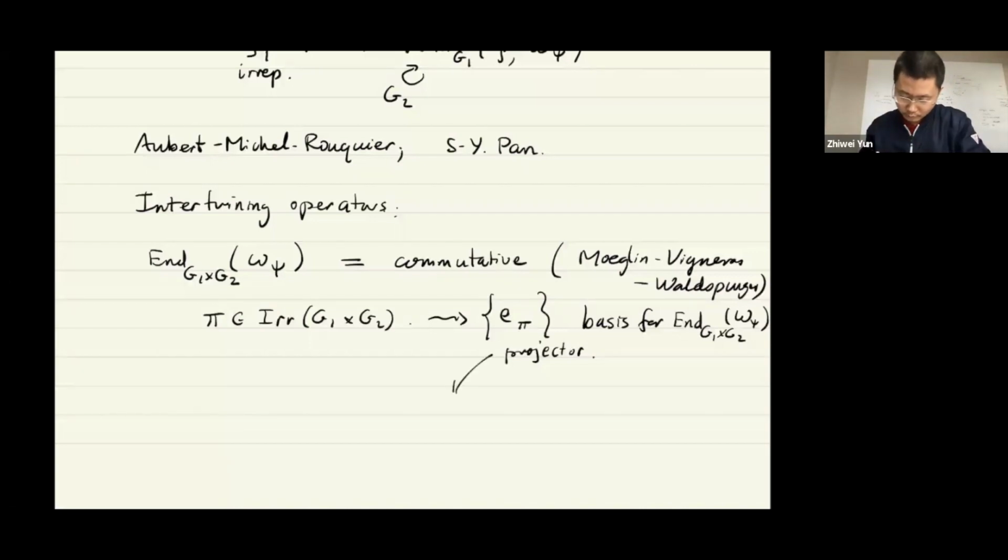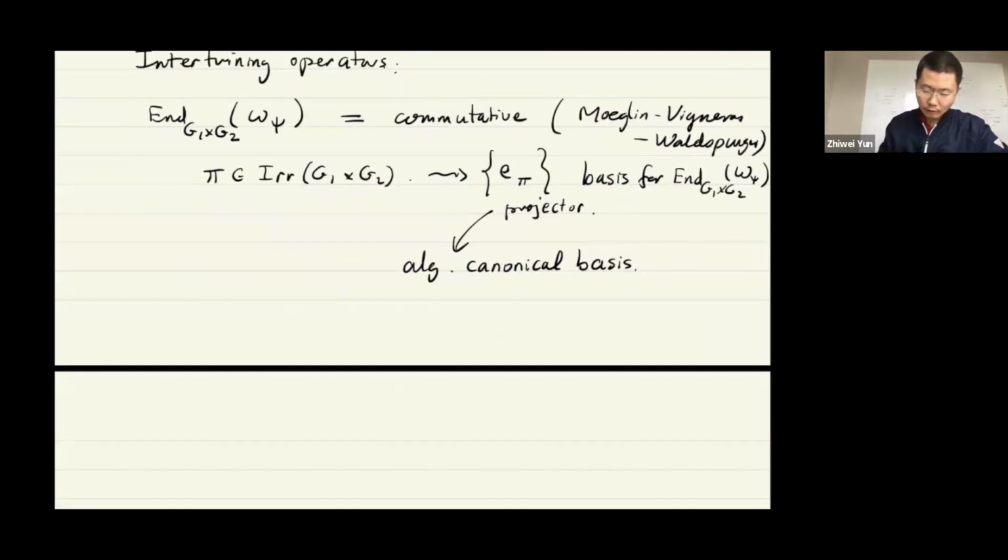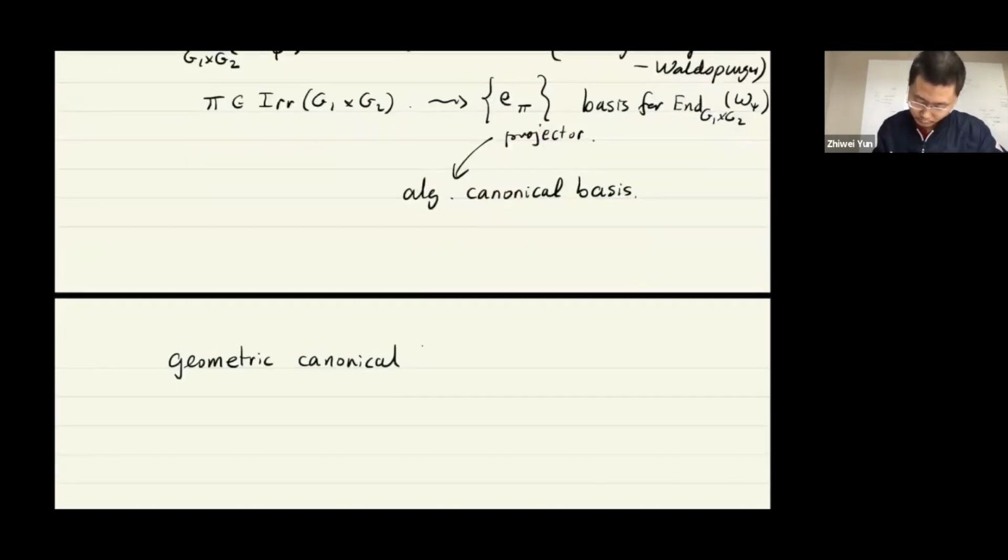This is a fairly canonical, maybe I call it an algebraic canonical basis. But they are not easy to write down. You need to really understand all these representations to write down the projectors. So what we propose to find is a different basis that deserves to be called a geometric canonical basis.